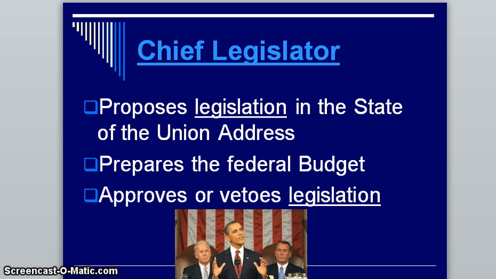So as you might guess, the legislative branch is the branch of government that would approve the presidential budget or the federal budget. And as we talked about with the lawmaking process, he approves or vetoes legislation. So he has the final say of whether or not a bill becomes law or a bill does not. However, if he does veto a bill, it may be overridden with a 2/3 vote.